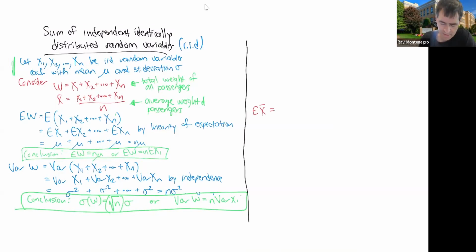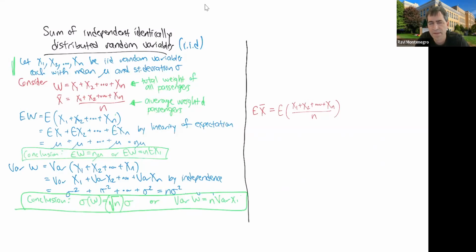And I can write this out. Let's see, that's E of X1, X2 to Xn divided by n. If I wanted to, I could break this up into 1 over n times x1, 1 over n times x2, 1 over n times x3, and so on.